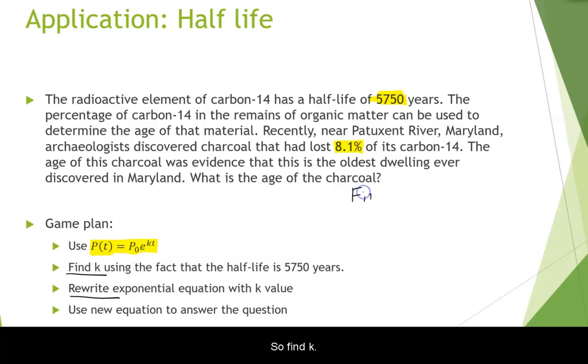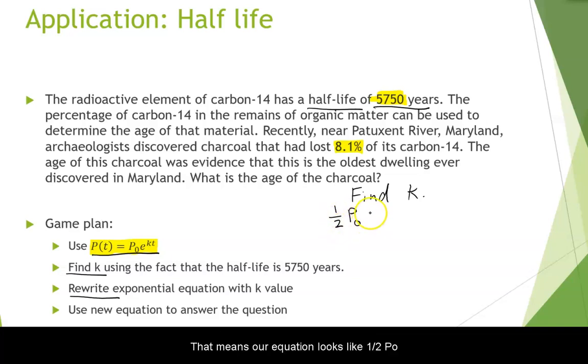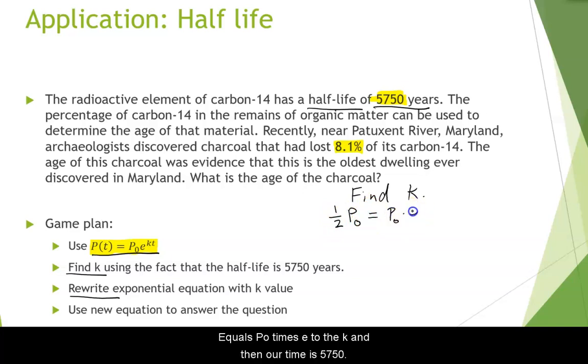So find k. Using this equation and the information we're given, we're told that the half-life is 5,750 years. At this stage in the problem, 8.1% is not coming into play. So if half of the amount is remaining of an original value of P naught, our equation looks like 1/2 P naught equals P naught times e to the k times 5,750.